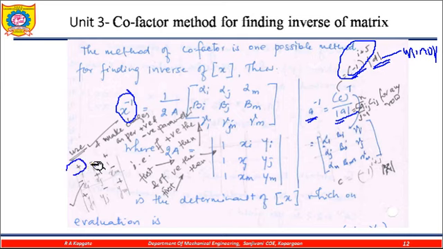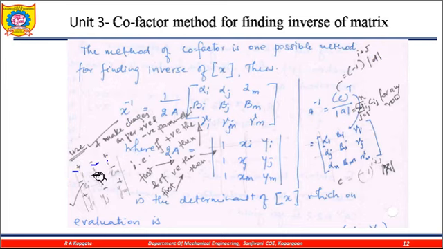This one is plus, this is minus, this is plus, because for 1 plus 2 it is the power 3, and for 1 plus 3 it is the power 4, which is plus. So minus 1 to the power 4 is plus, and minus 1 to the power 3 is minus. So I am writing this here: plus minus plus, then minus plus minus, and plus minus plus.